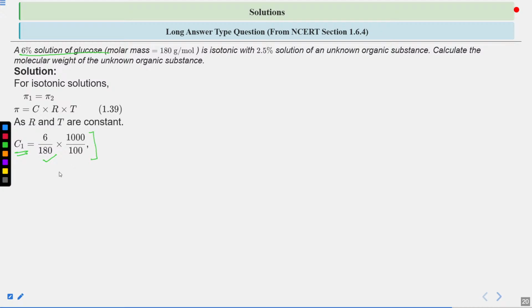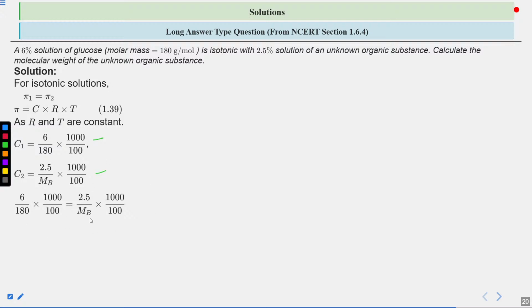Similarly, we also calculate C2, the concentration of the second solution. The second solution is 2.5% but the substance is unknown. We don't know what the organic substance is, so we just put its given weight upon the molar mass, multiplied by 1000, divided by 100. Now you put these two values equal, because the concentration will be equal as the osmotic pressure is equal.